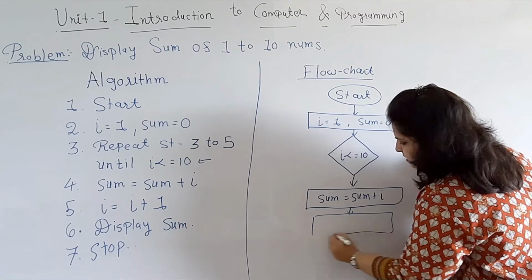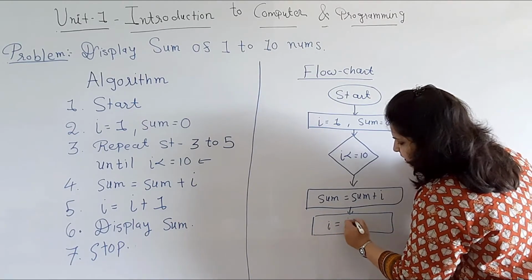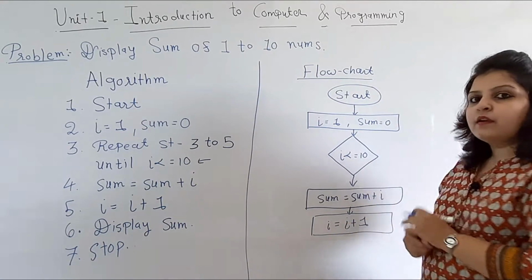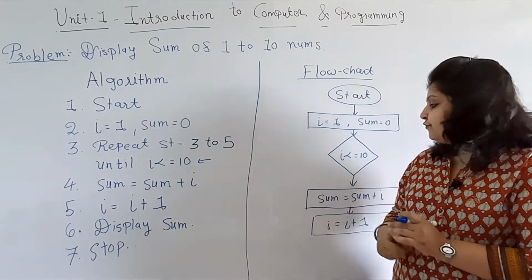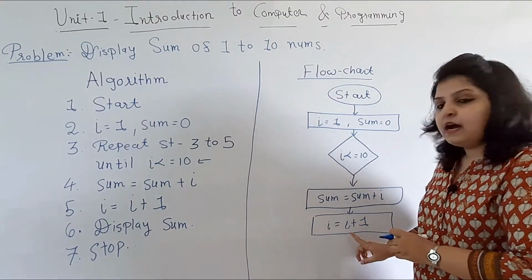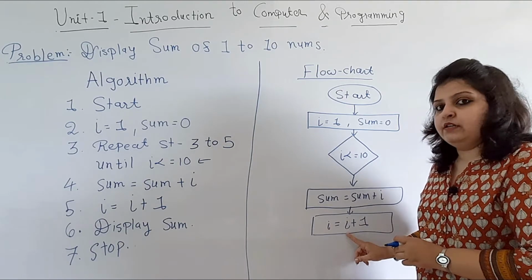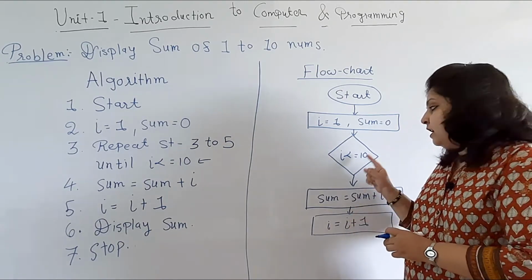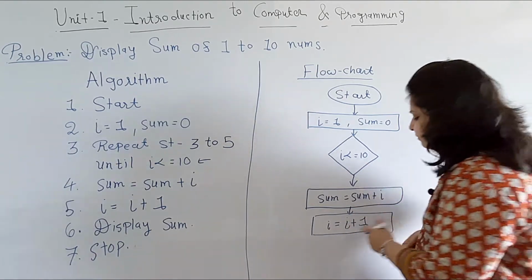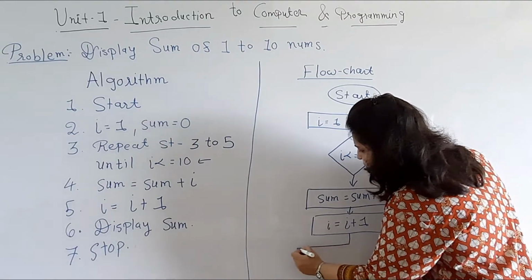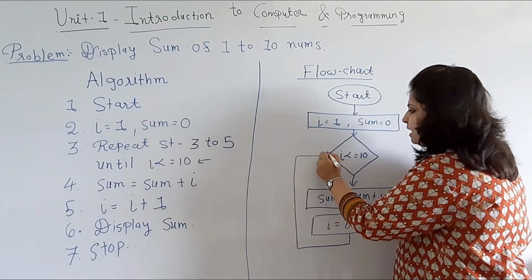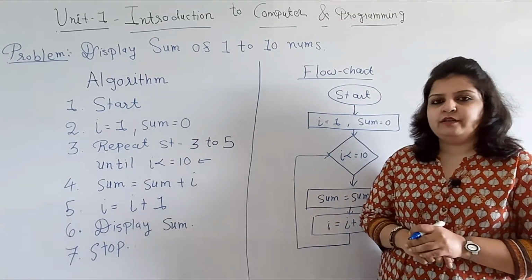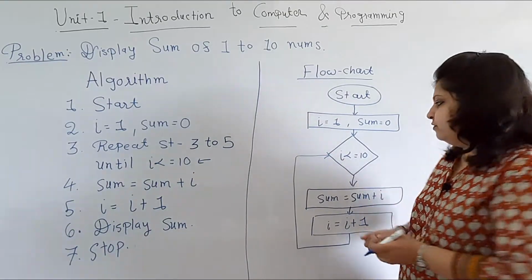Next is I is equal to I plus 1. But now the change is here. After I plus 1 we have to check the condition again, so our control goes back to the condition. How will it execute?